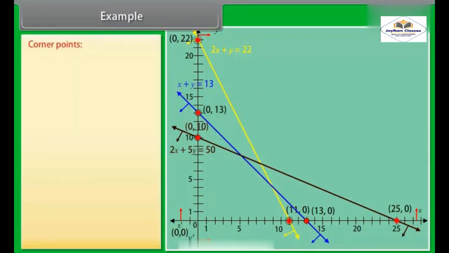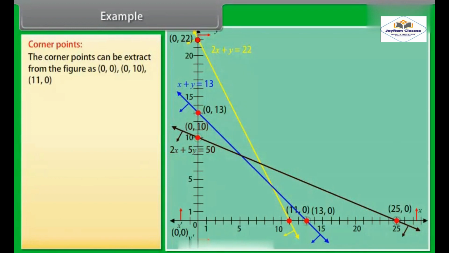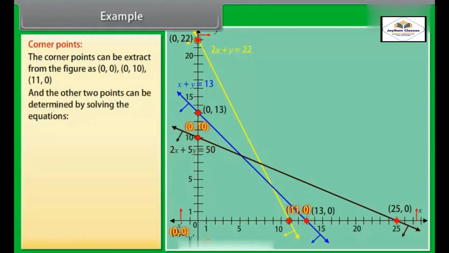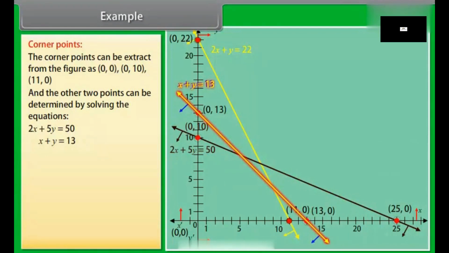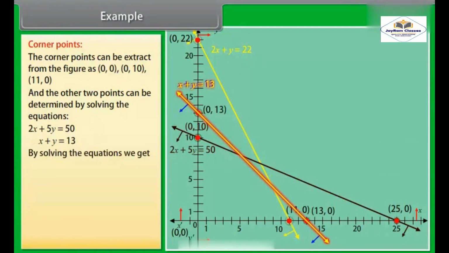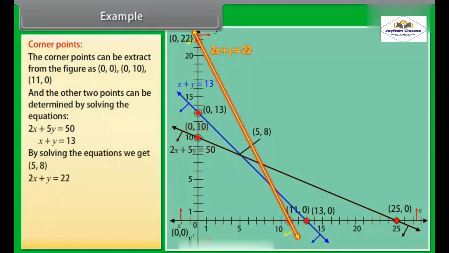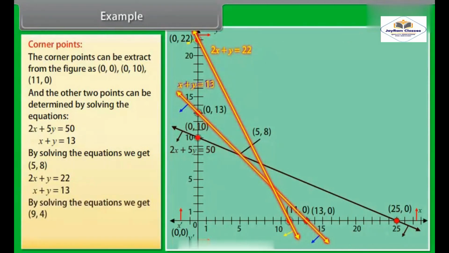Let's find the corner points. The corner points can be extracted from the figure as (0, 0), (0, 10), (11, 0), and the other two points can be determined by solving the equations. 2x + 5y = 50 and x + y = 13: by solving the equations, we get (5, 8). 2x + y = 22 and x + y = 13: by solving the equations, we get (9, 4).